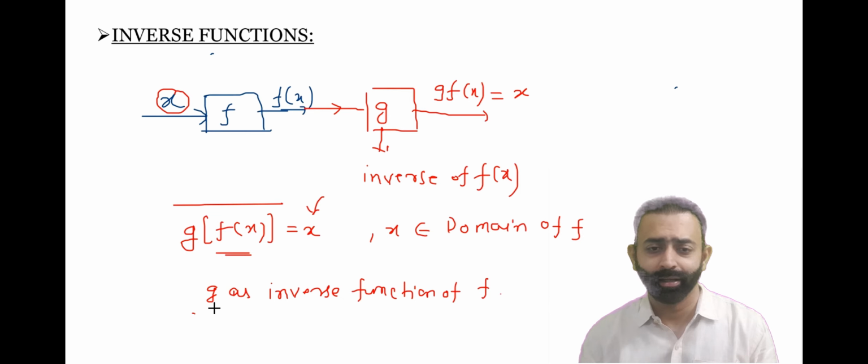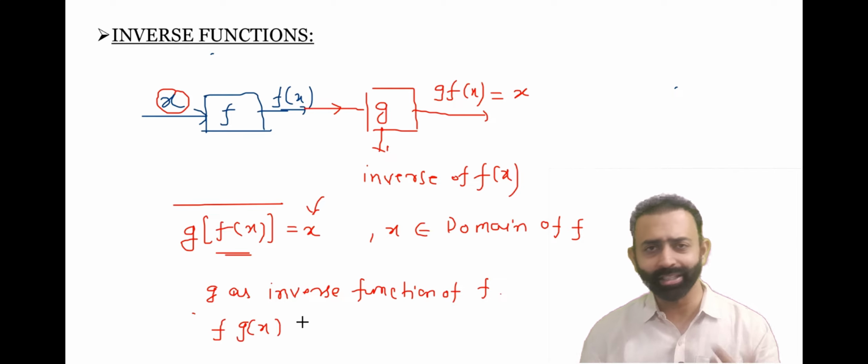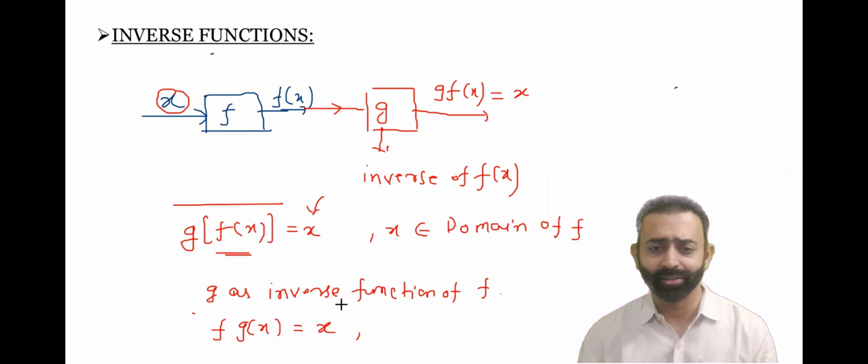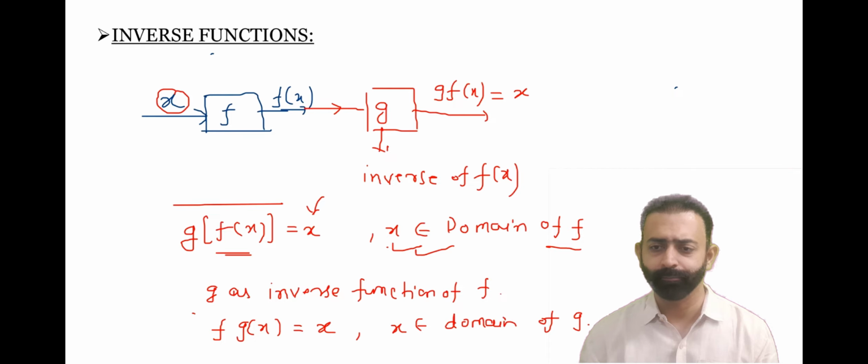And similarly, we can also give another composition of functions, that if g(x) becomes the input of f, written as f(g(x)), then again it will give you the input as x. Now this x is different from the earlier x. That x belongs to the domain of f, but this x will lie within the domain of, this time, the function g, right?